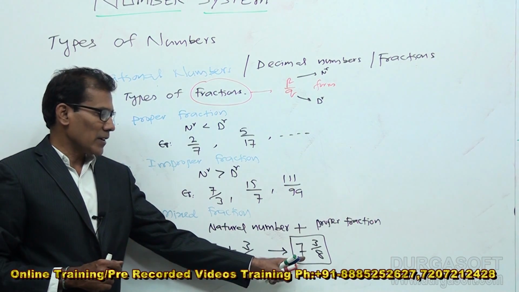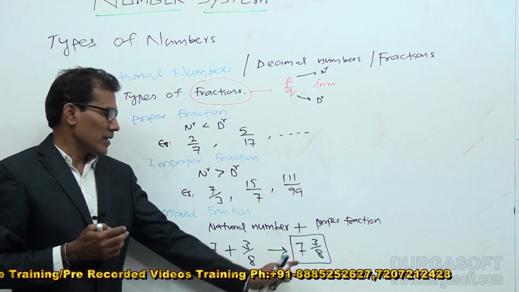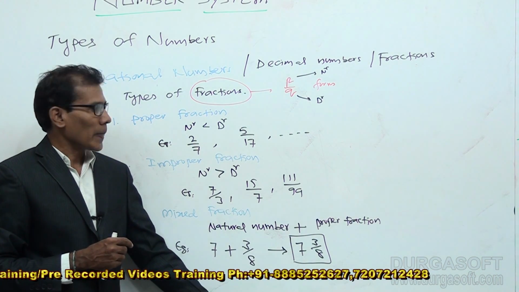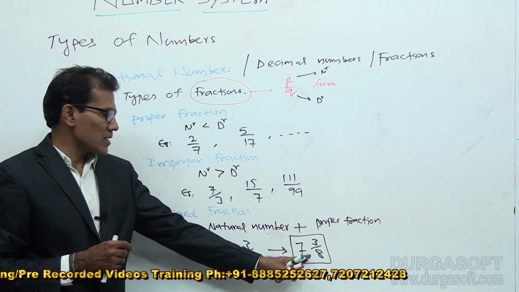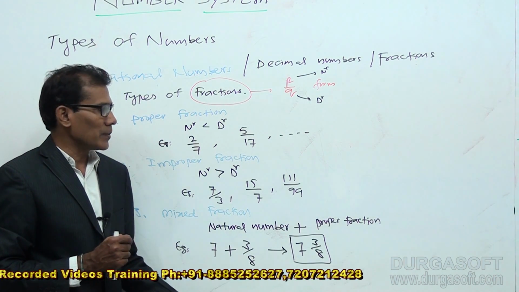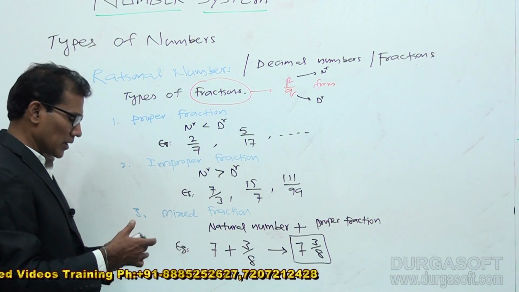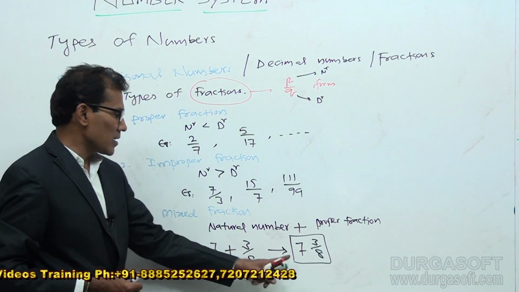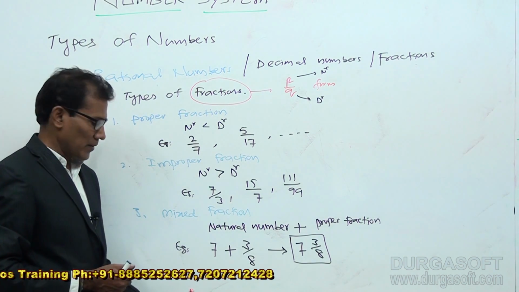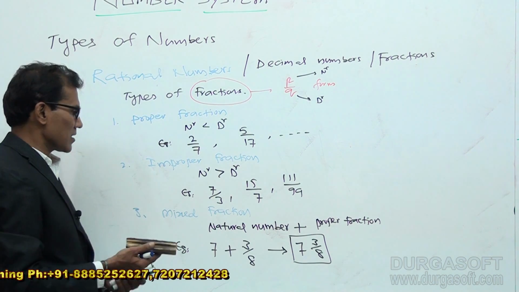Even 7 3 by 8, wherever we see that, visualize in mind that is nothing but 7 plus 3 by 8. Then by using this concept, you can work out a problem in faster way. Let us take one example how the question can be solved by taking 7 3 by 8 as 7 plus 3 by 8 whenever the question is related to mixed fractions or fractions.